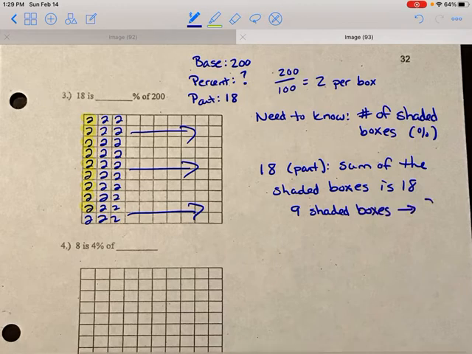All right, that gives me the sum of 18. So that means that my percentage is 9. So 18 is 9% of 200. So that one's trickier. All right, it just comes down to the fact that the part is always the sum of the shaded boxes, and the percent is always the number of shaded boxes.